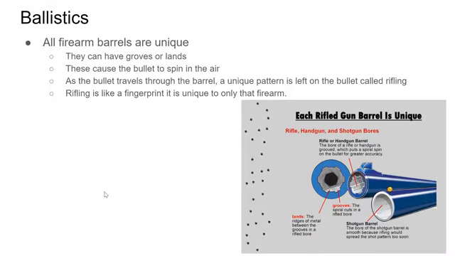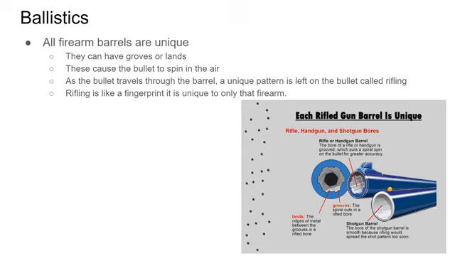Did you know that all firearm barrels are unique? They have what's called grooves and lands. Grooves are spiral cuts in the rifled bore, and lands are the ridges of metal between the grooves in the rifle bore.